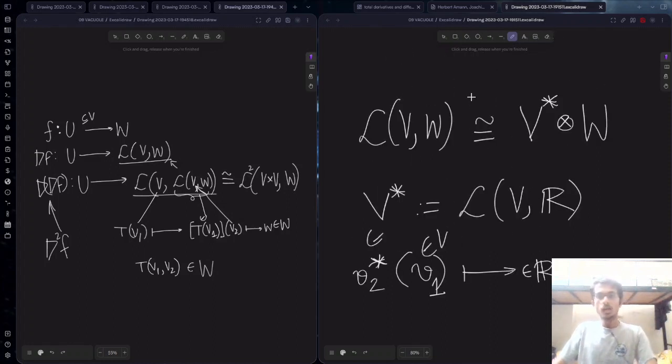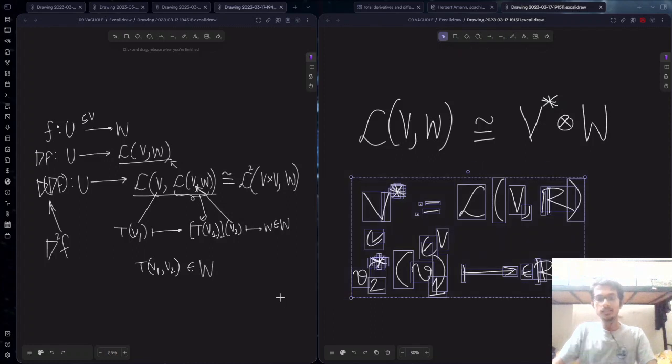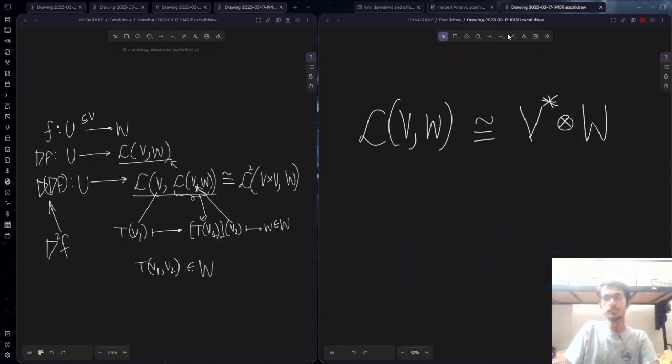And how do I understand this isomorphism? This is a linear transformation. A linear transformation can be written in terms of a basis. It would take the basis of V and map it to some T of Vi.